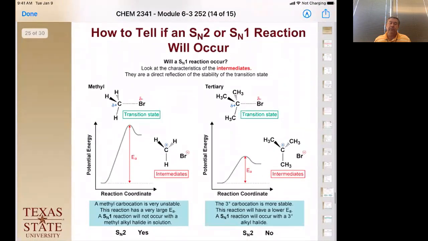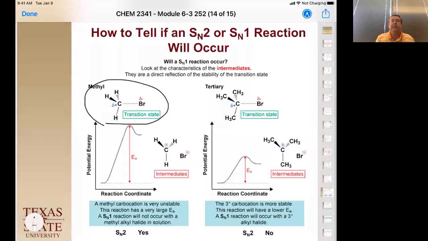Okay. So how do you know what's going to happen? Well, the first thing you want to look at is the transition state. What is that intermediate going to be forming right here? So in the case of this right here, we have this methyl bromide here, and the concept that it can't form a stable carbocation as an intermediate is telling us that it's probably going to go with an SN2 reaction.